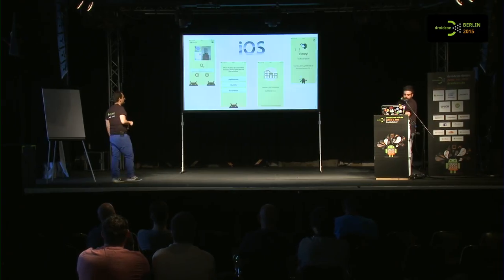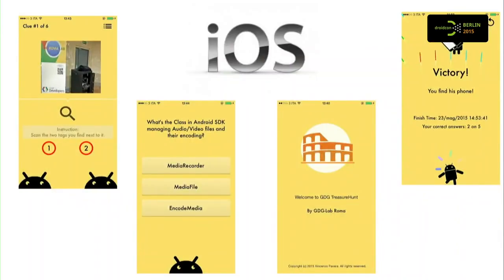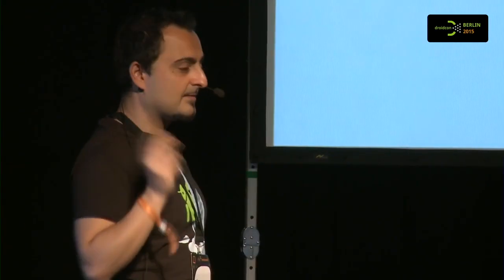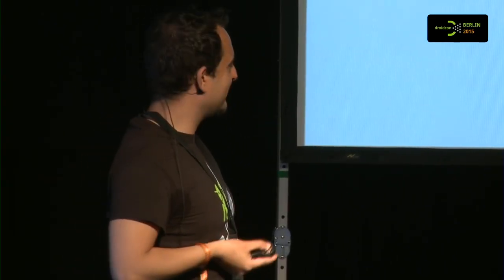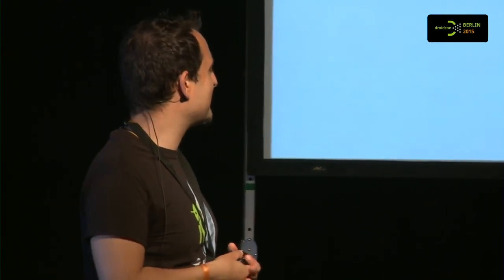We are planning to develop also an iOS version. Now this is a prototype version that we are developing. We are going to publish in about one month from now, because we had the problem that in many GDG events someone has an iPhone and wants to play, and many people want to play with the iPhone too.